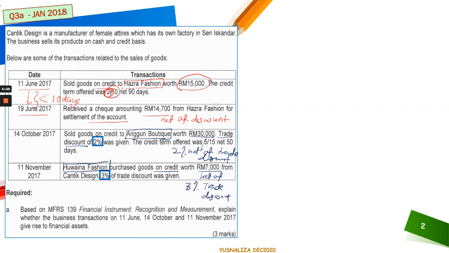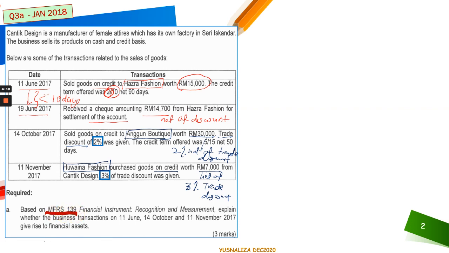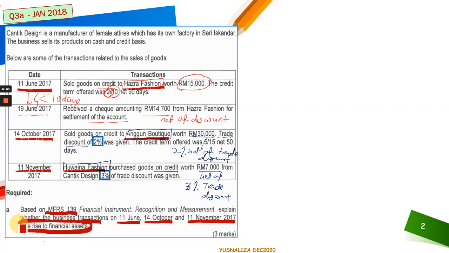Let us look at the requirement of your question. You are asked to, based on MFRS 139, explain whether the business transactions on 11 of June, 14 of October, related to Angul, Hazra Fashion on 11 of June, and 11 of November 2017 that relates to Huayna, give rise to a financial asset.